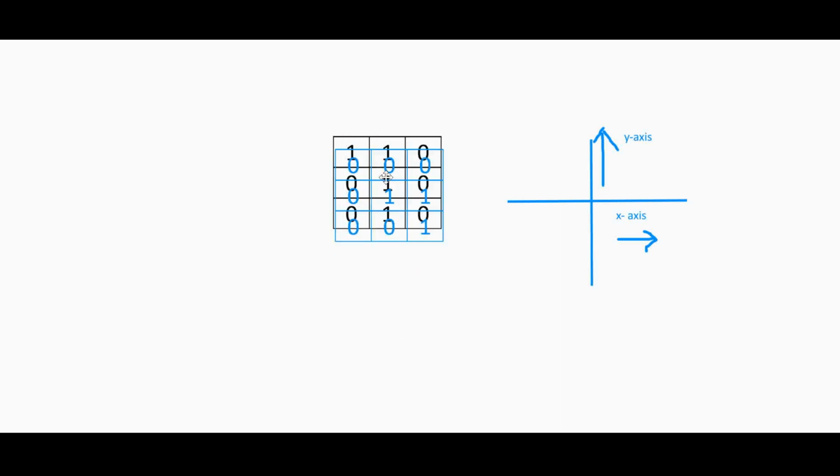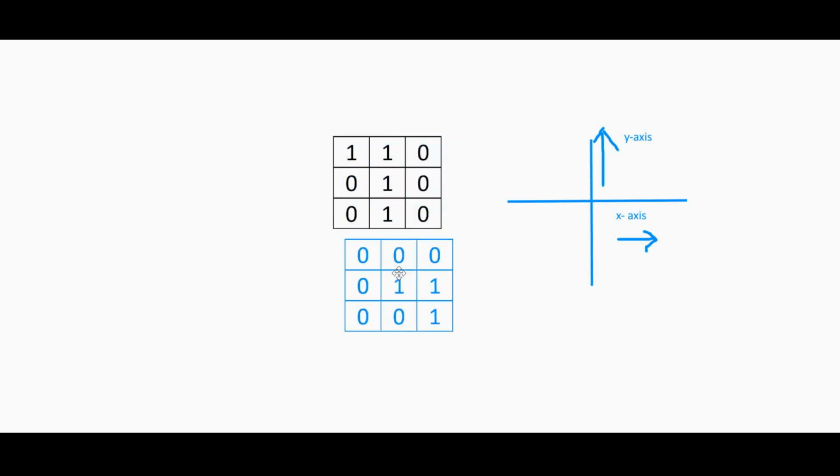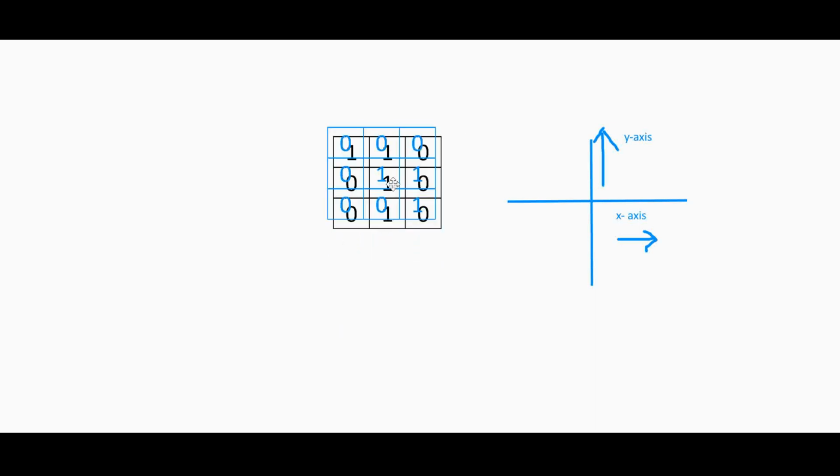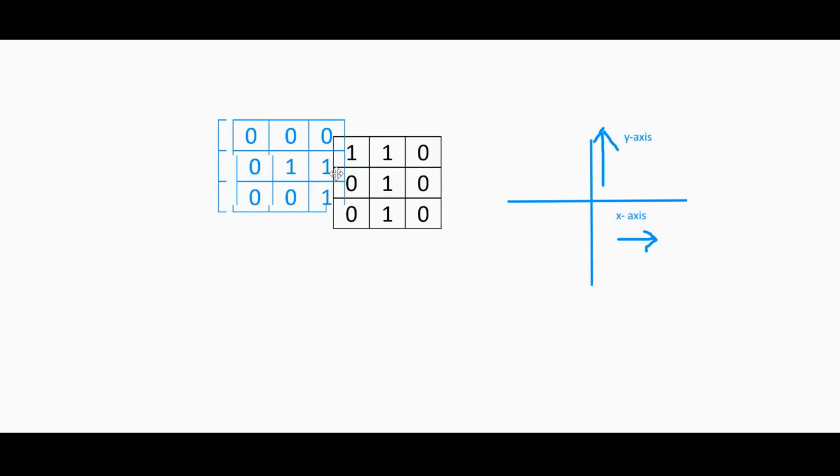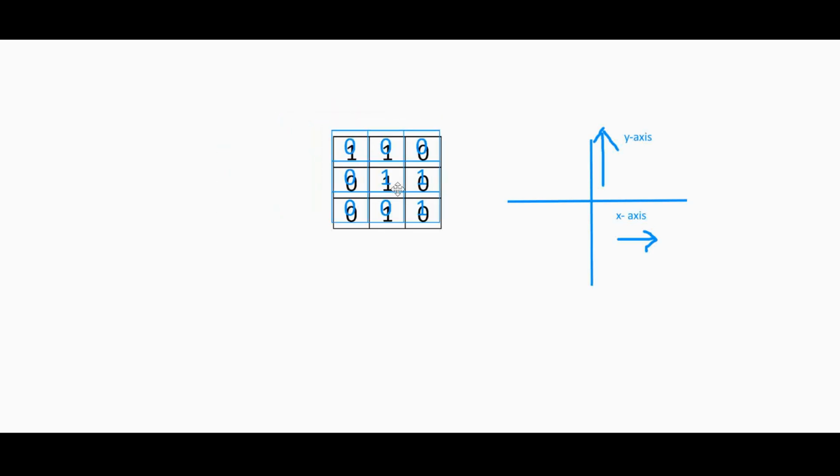Now one approach is that I overlap it exactly on top of each other and then go either right or down. So I am keeping one matrix still and the other matrix is the one that is shifting, either right or down. Similarly it can shift up and left. So let's take the condition where it is shifting right and shifting down.